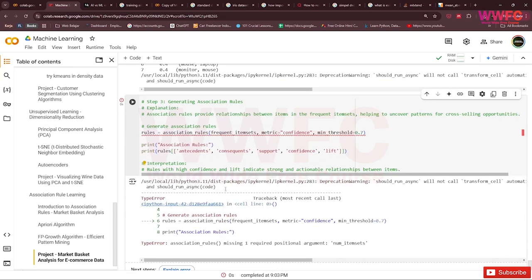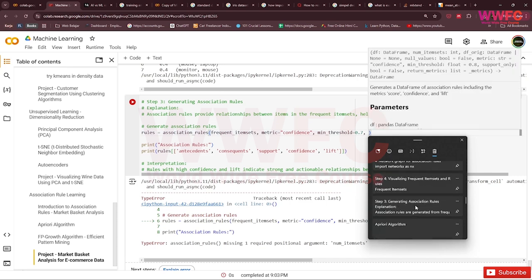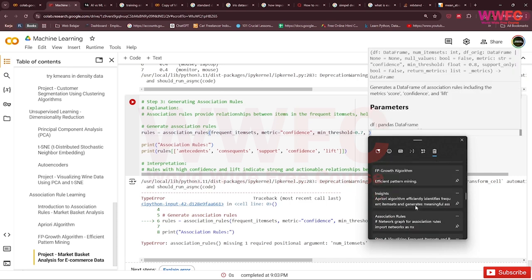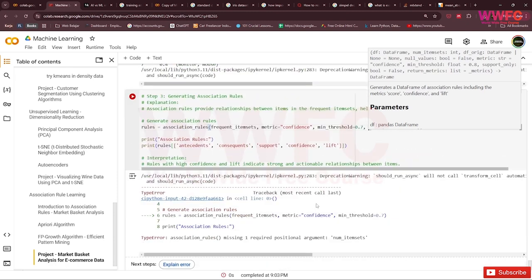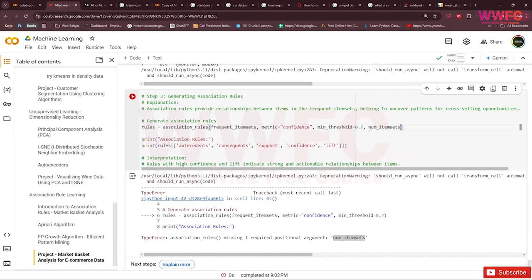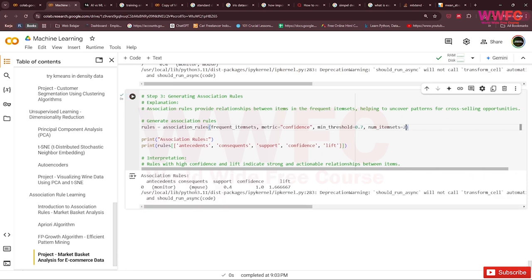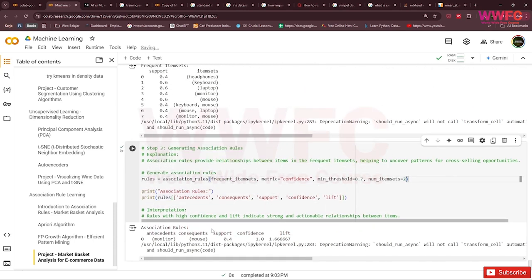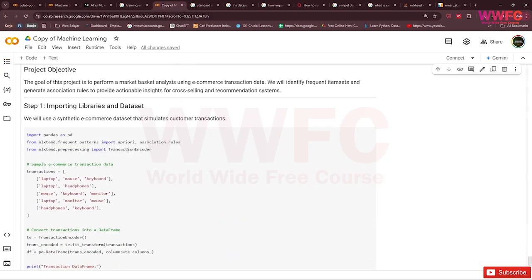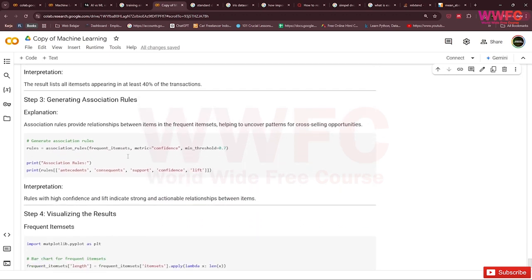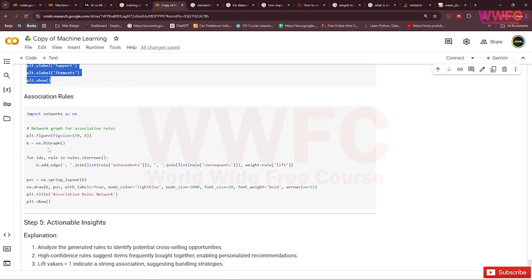So in here, is there any minor item set? The monitor and mouse is 40% support, right? So here we can see people will buy monitor and mouse. And then we want to visualize the result.